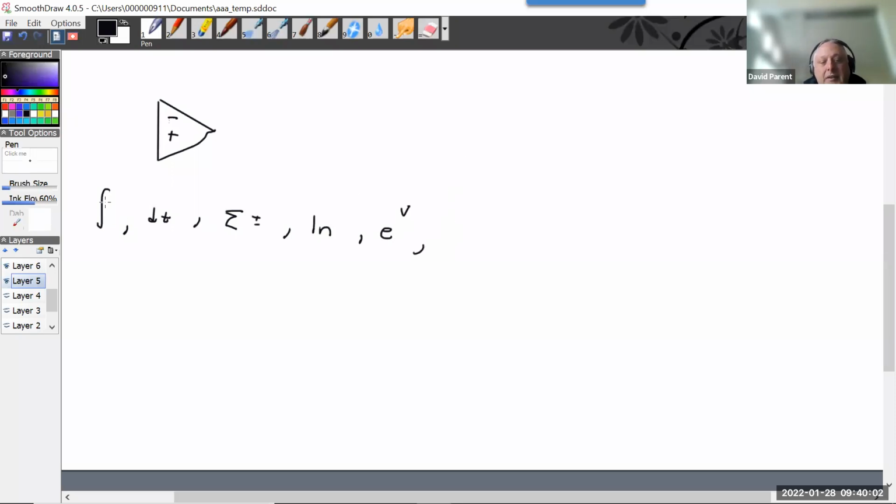Now, if you have integration, you have averaging, right? There's so many things that you can do with an op amp. And the thing is it's all in real time.